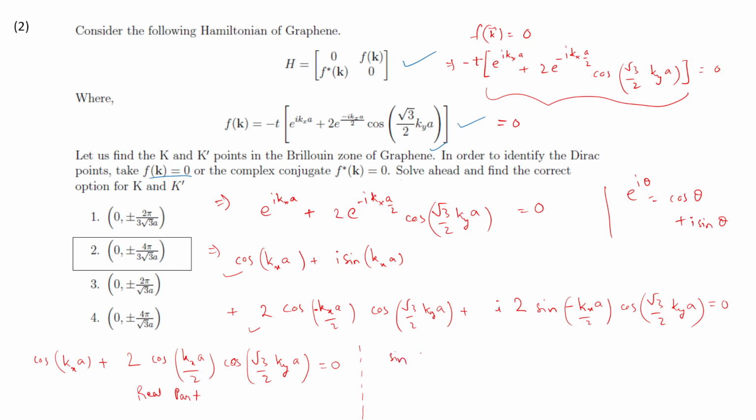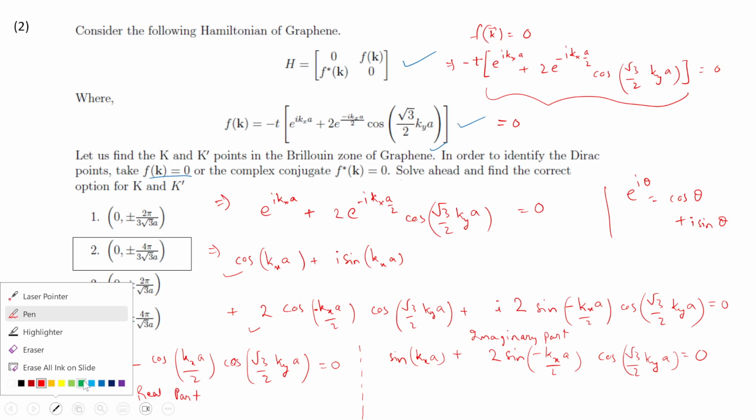So it will be sin kxa plus, so this is 2 sin(−kxa/2) cos(√3/2 kya) is equal to 0. Okay, so this is the imaginary part. So we want this to be 0 simultaneously.